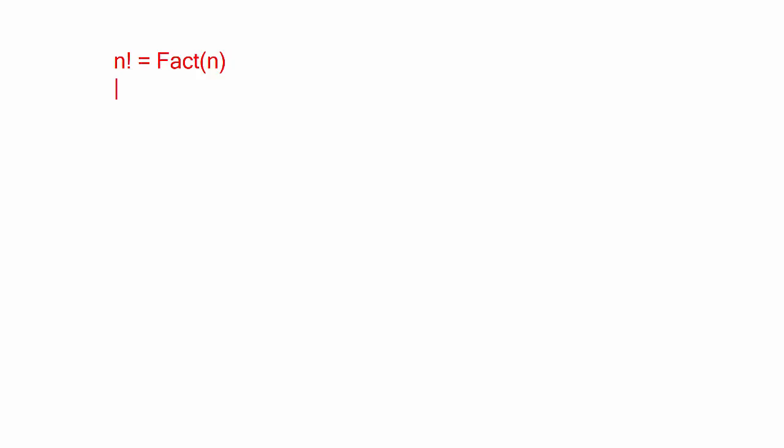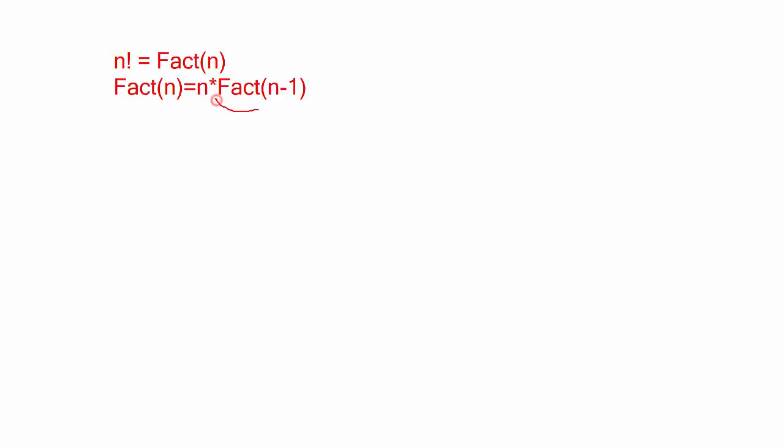If I tell you that we can do factorial of n equals n times factorial of n minus 1, is that going to be true? What do you think?